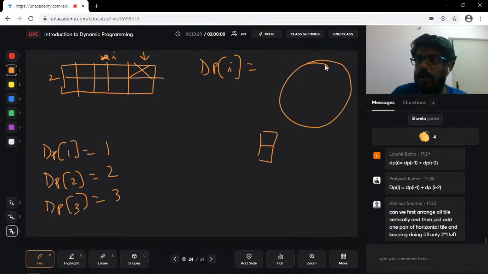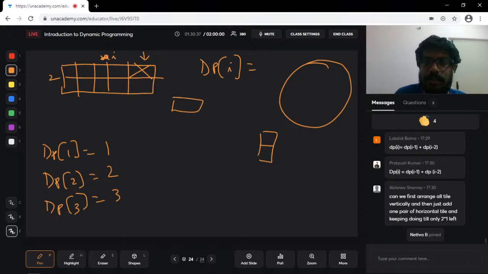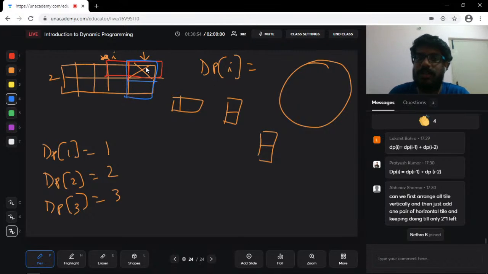What we are going to ask here is, how is this cell tiled? The answer is, it can be tiled either using this or using this. It can be like this, that is one possible way, or maybe this is tiled using this. These are the only two possible ways in which the top right cell can be tiled.